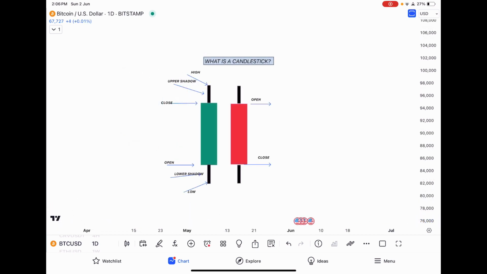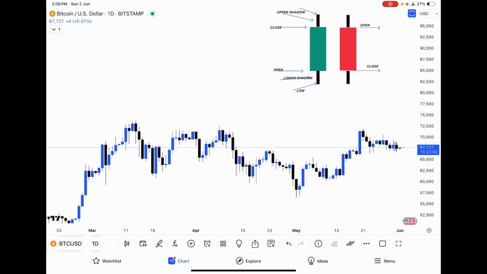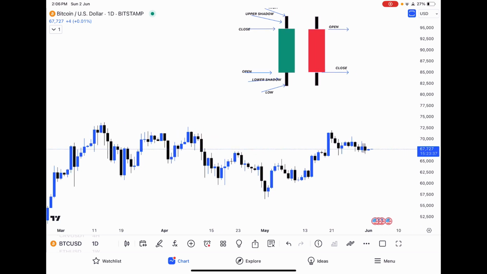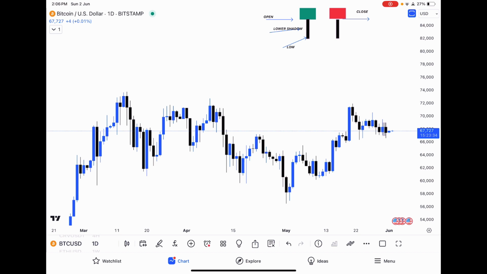Also, you need to understand that trading is very fractal. That means the same concept can be used on a higher time frame or a lower time frame; that doesn't matter. You would see the same candles on daily, 4-hourly, or even weekly. So this is a daily time frame candle. This whole candle represents a day's move.